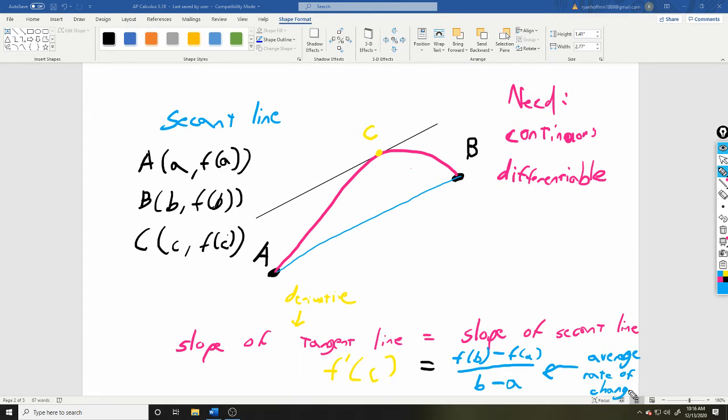This slope of the secant line is going to be the average rate of change between A and B. So another way to say this theorem is that the slope of the tangent line at some point has to match up with the average rate of change. So if you ever have to find an average rate of something, then this f of B minus f of A over B minus A is going to be your formula.